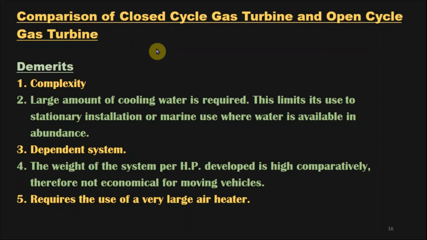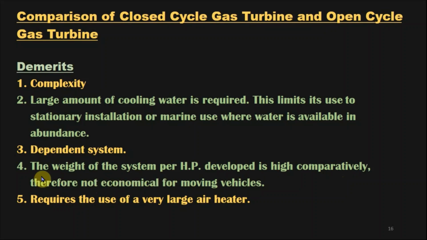In fact, that is the advantage of closed cycle gas turbine. But the weight of the closed cycle gas turbine system per unit power output is high comparatively. So it is not economical for moving vehicles where the weight to power ratio is required to be less.